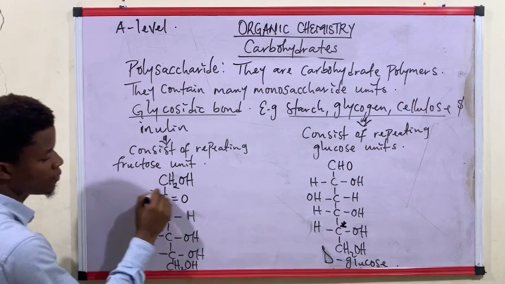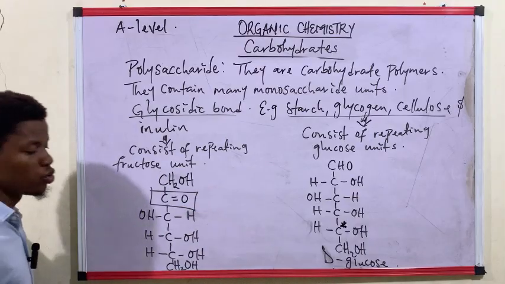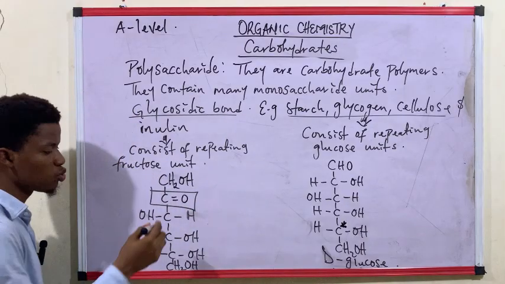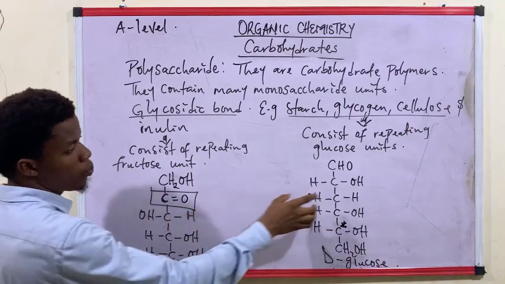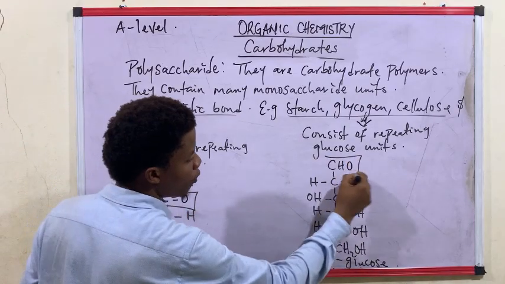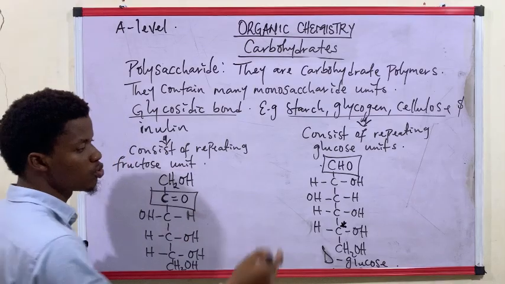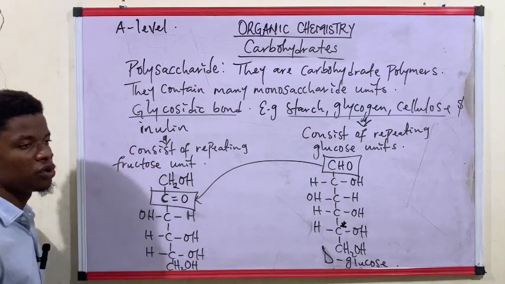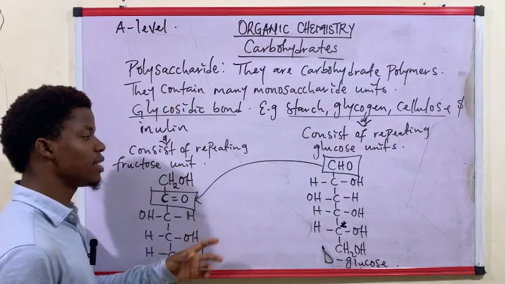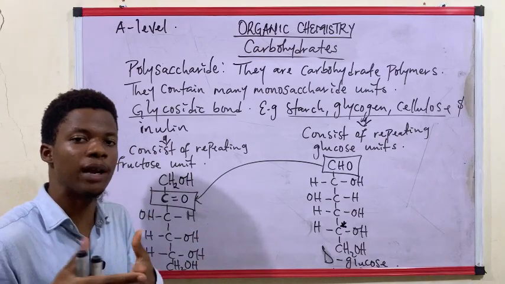You can observe that the ketone group is at carbon 2 of fructose. In the case of sucrose, it is carbon 1 of glucose forming a glycosidic bond with carbon 2 of fructose. That is why it is called a 1,2 glycosidic bond.